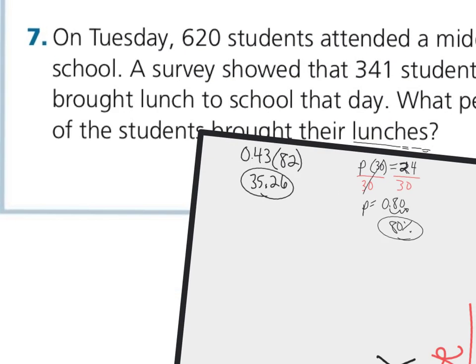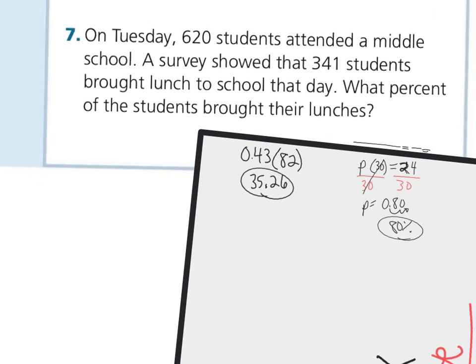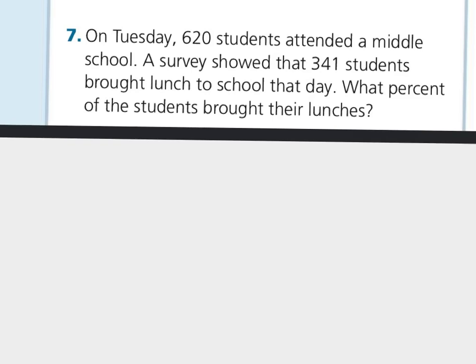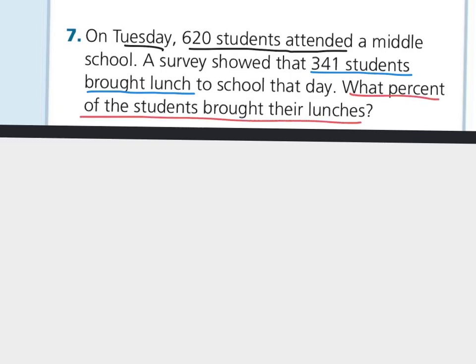And number 7, on Tuesday, 620 students attended a middle school. A survey showed 341 students brought lunch to school. So the question is, what percent of the students brought their lunches?